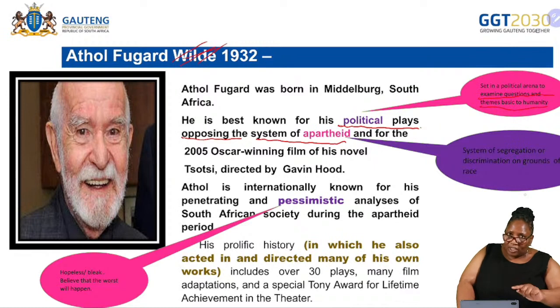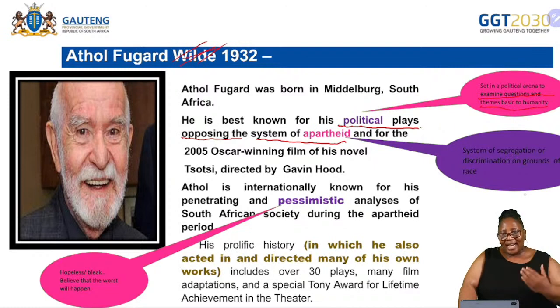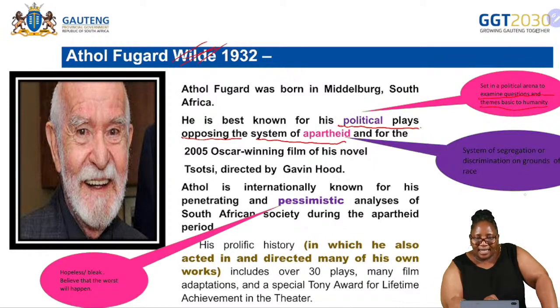He was not discriminated against because he's white, isn't it? But that did not augur well with him to see other people being discriminated against. And as a result, it made him want to write plays or dramas that spoke about the plight of the African people. I'm sure everyone has seen this play, Tsotsi.